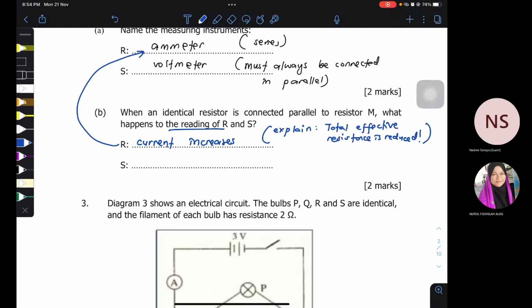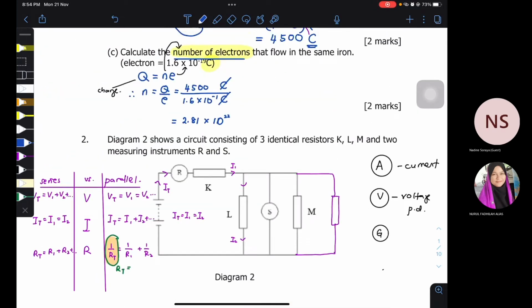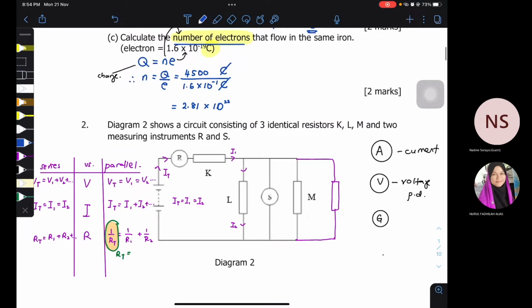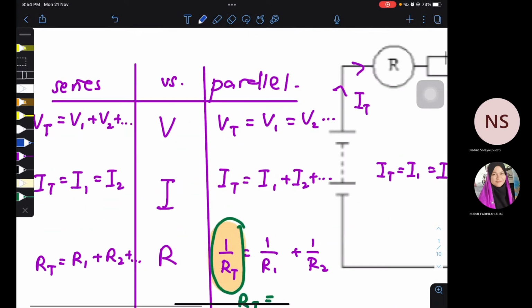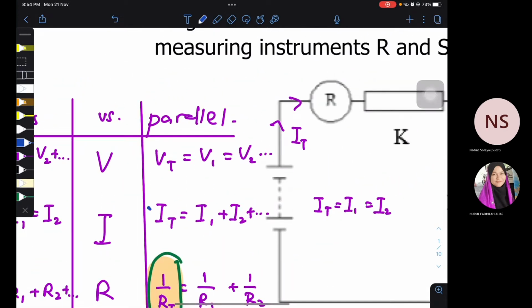Okay, now what about S? S is the voltmeter. We already know the current increases. So when the current increases because the resistance decreases, what happens to the voltage?